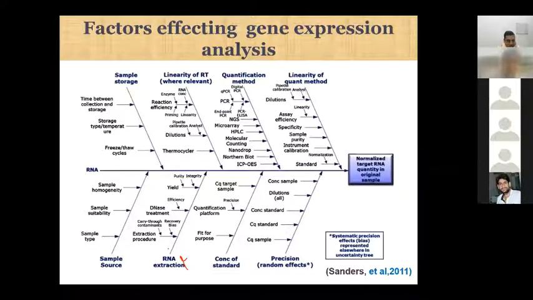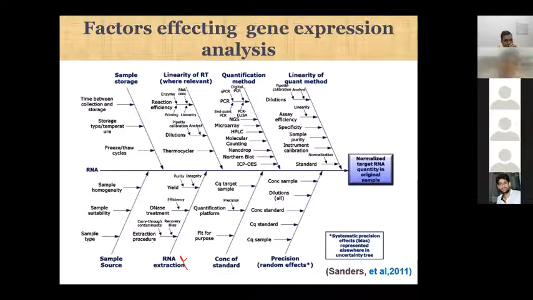After that, the DNase treatment. In a single experiment, you don't change the company. You use the same company's product so that you get less variation in yield and also in purity and integrity.